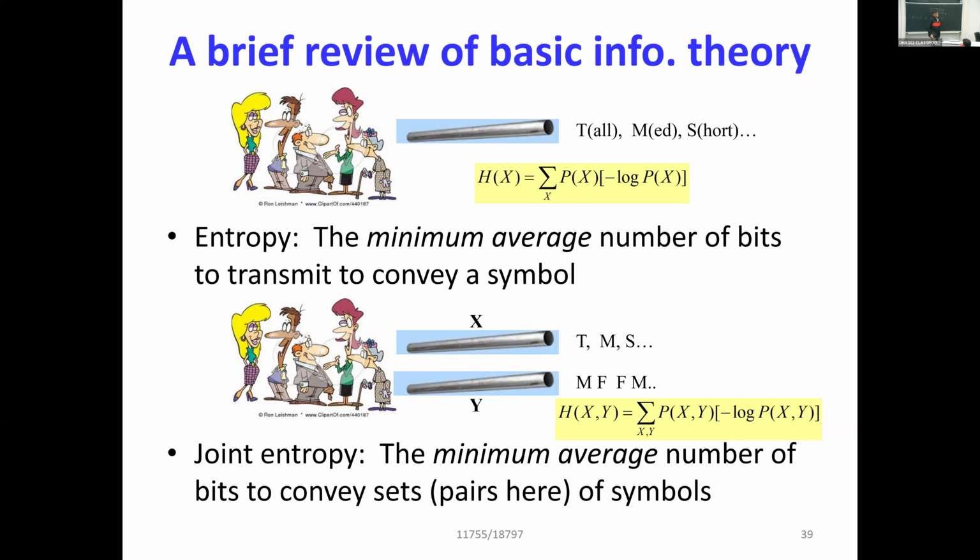So here is what I can do, right? I can send the height through this guy, and the gender through this tube. And so I first inform my friend that the person who just came in is male, and it doesn't cost me anything to convey this information, right?